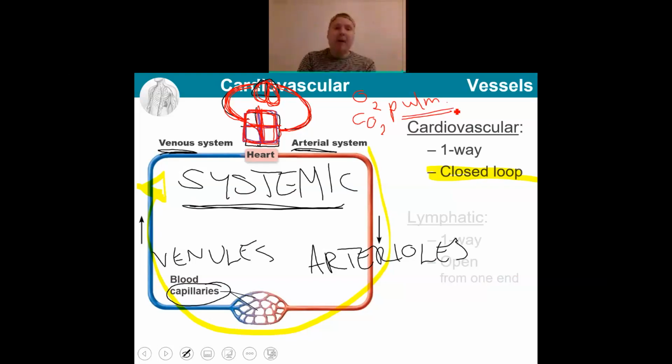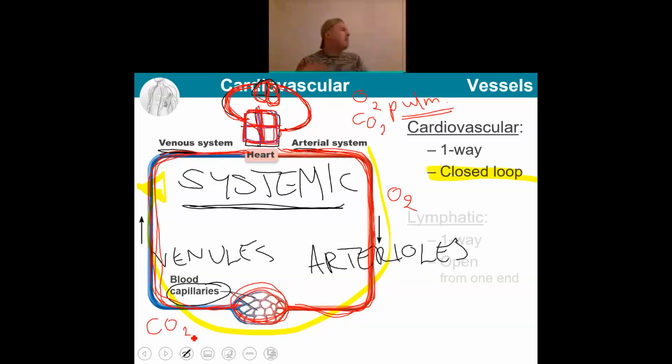But we remember that we had another loop as well. In this loop, the blood that was rich in oxygen left the heart and traveled to the capillaries, and from the capillaries it returned back to the heart. While it left the heart, it was rich in oxygen, and when it came back to the heart, it didn't have a lot of oxygen; instead it had carbon dioxide.